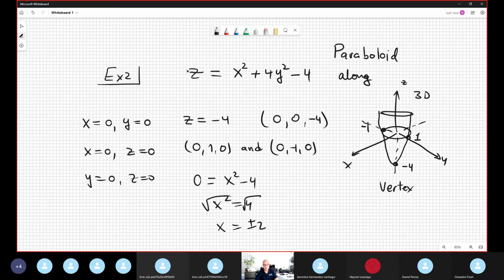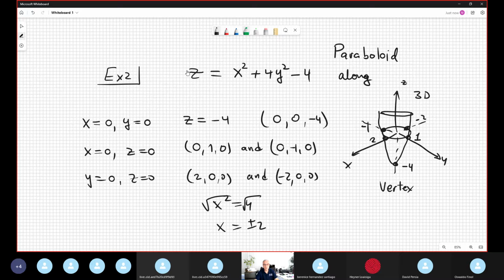And you determine two new points, here and here, negative 2 and positive 2. In three components, our points are (2, 0, 0) and (-2, 0, 0).